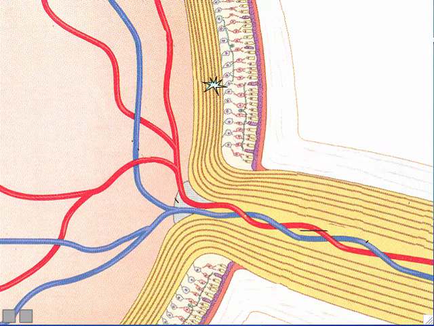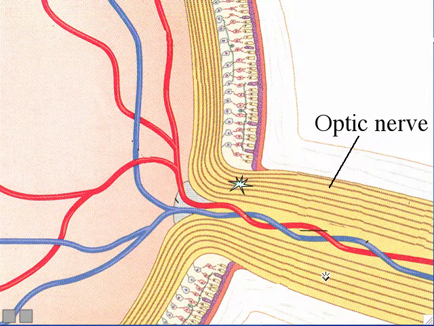And that's actually the optic nerve. So the sensory visual signals come down from the retina and pass into the optic nerve right here. And again, the optic nerve is the bundled together axons of the ganglion cells of the retina.